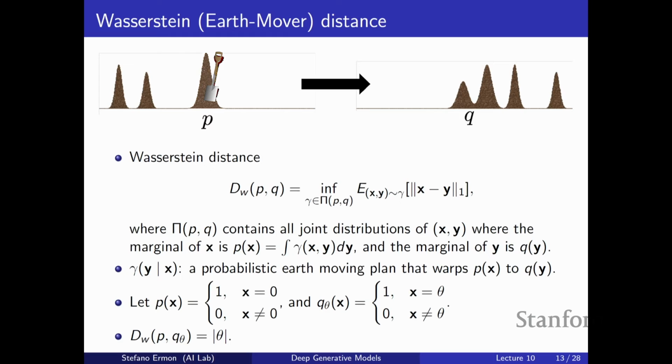The other constraint says that the amount of earth you get at the end, after you've moved everything from all the various x's, has to match what you want, which is the final Q of y, the amount of earth that you want after you've done all this transport, or after you've moved all the probability mass.